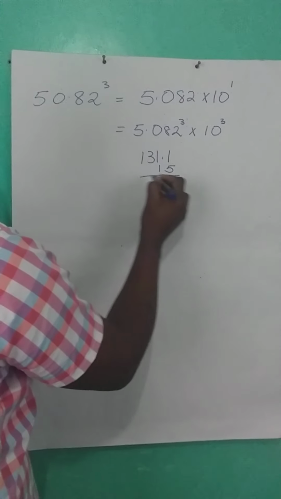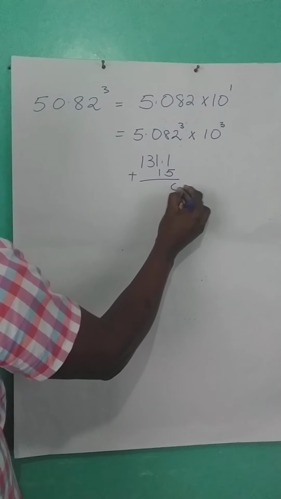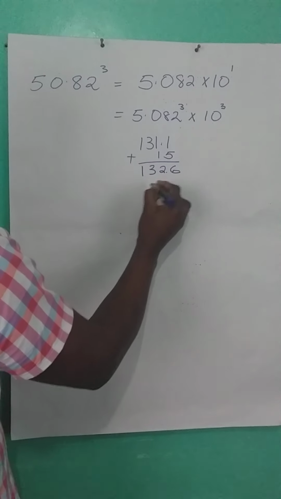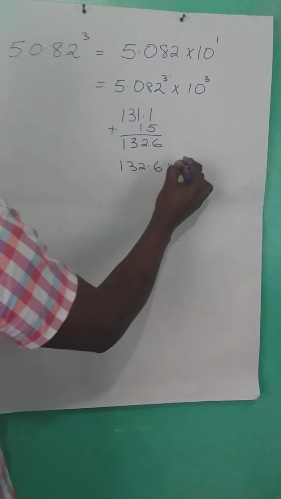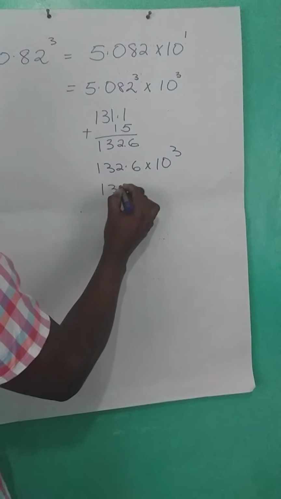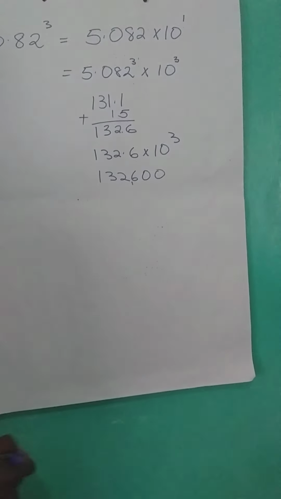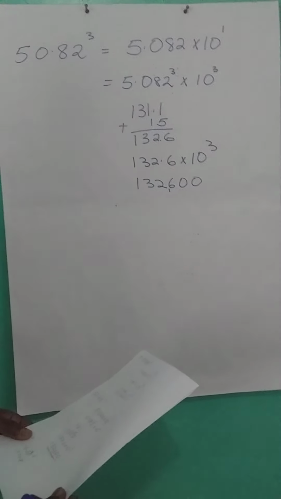So when you're adding 15, you ignore the decimal position, and this one will be 132.6 times 10 raised to power 3, and therefore our answer is 132,600.